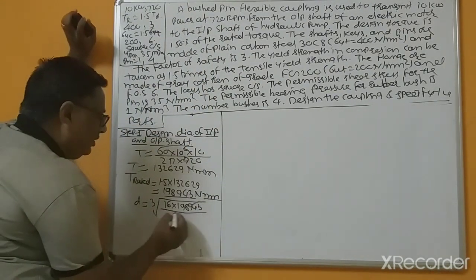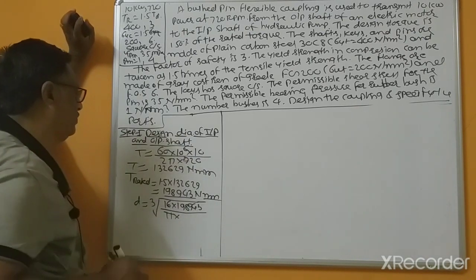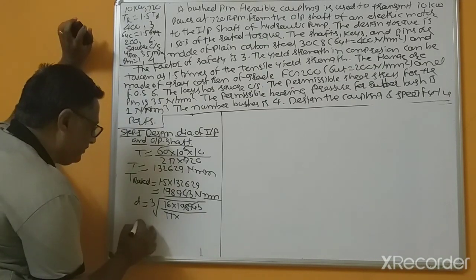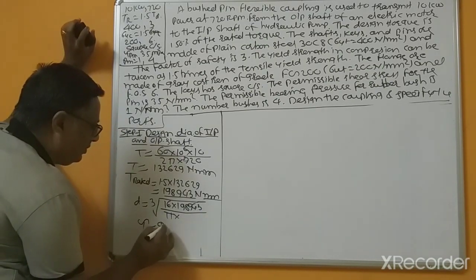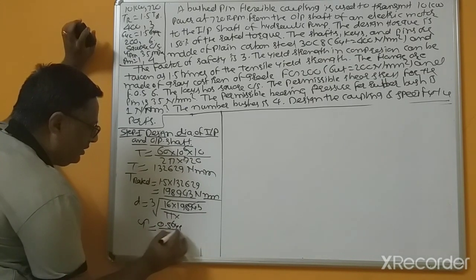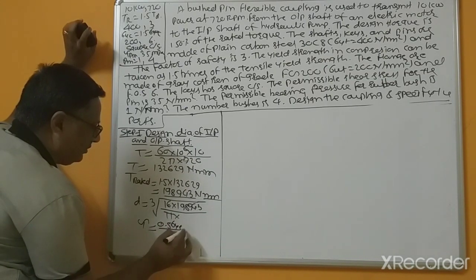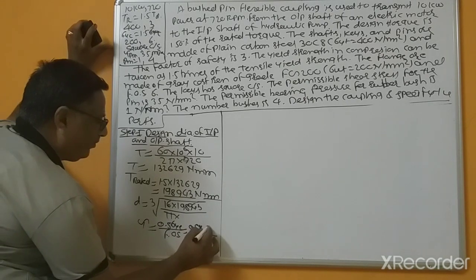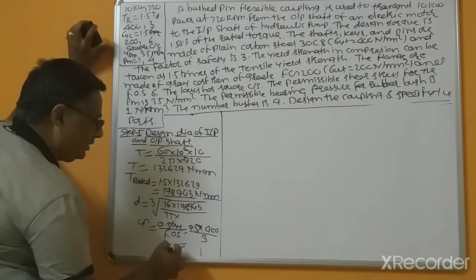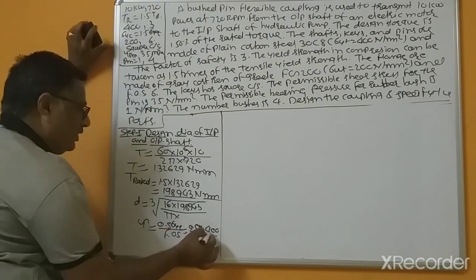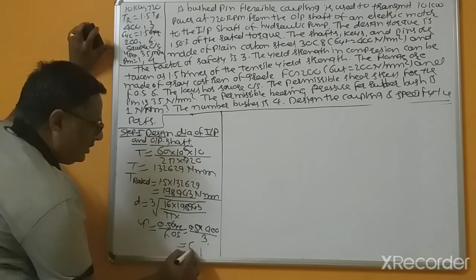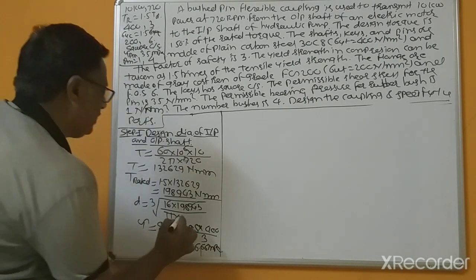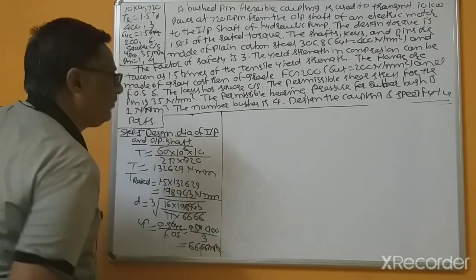For the shaft, shear stress equal to 0.5 times sigma YT divided by factor of safety. This is given 400 divided by 3, means 200 divided by 3, is 66.66 megapascal.